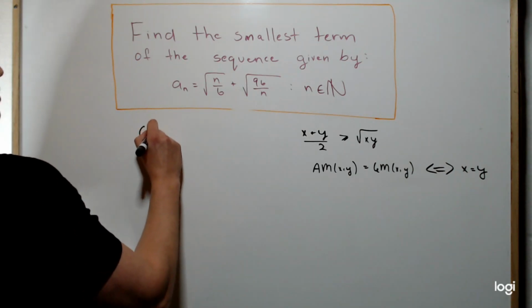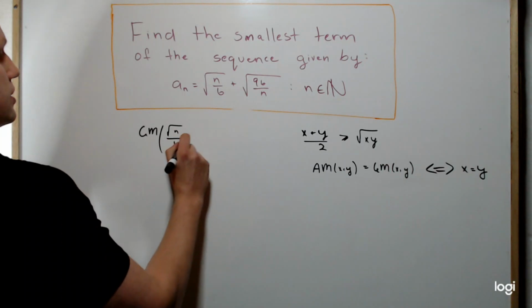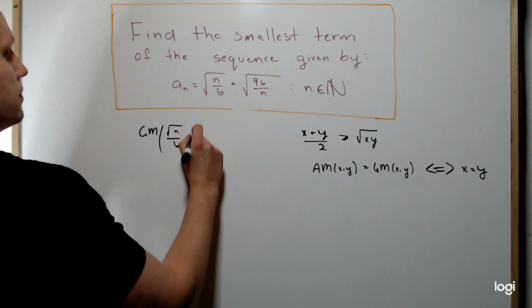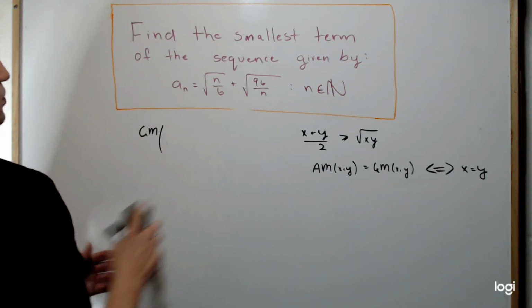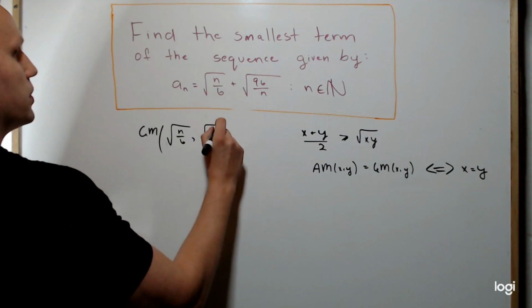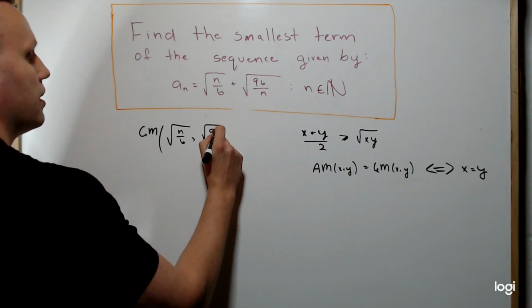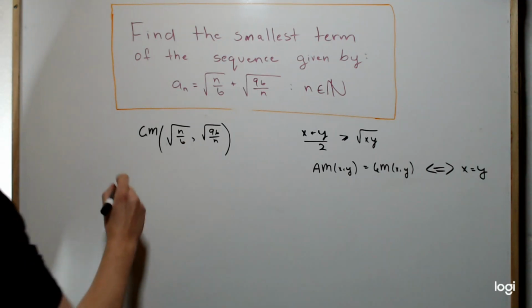So the geometric mean of the square root of n over 6 and the square root of 96 over n is equal to the square root of their product.